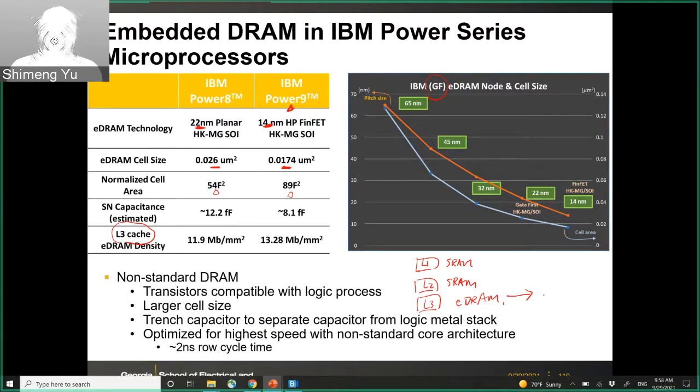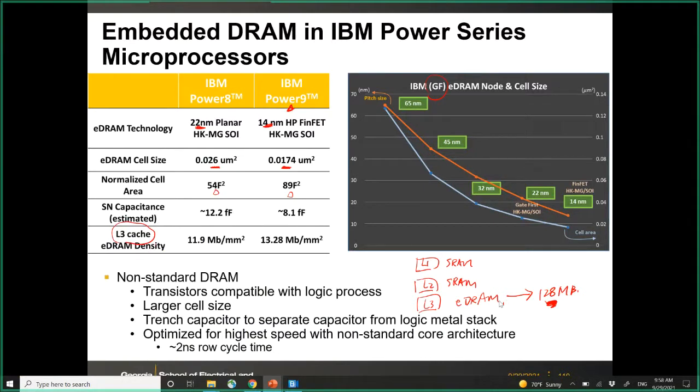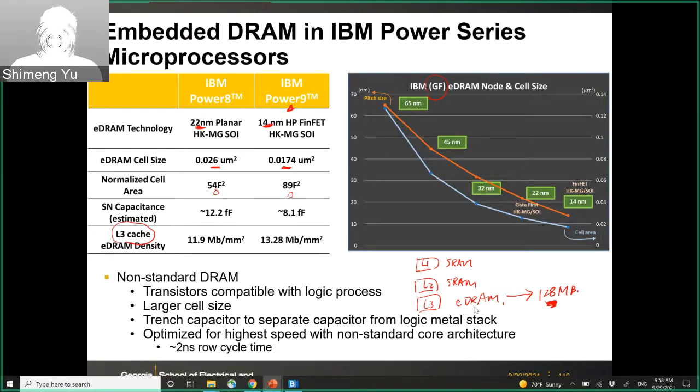For example, if I recall correctly, they may have about 128 megabytes of eDRAM on chip. So this is larger than any SRAM cache. The reason is that at the same chip area, the eDRAM has 2 or 3 times higher density than the SRAM. So you can use eDRAM to replace the last level cache.